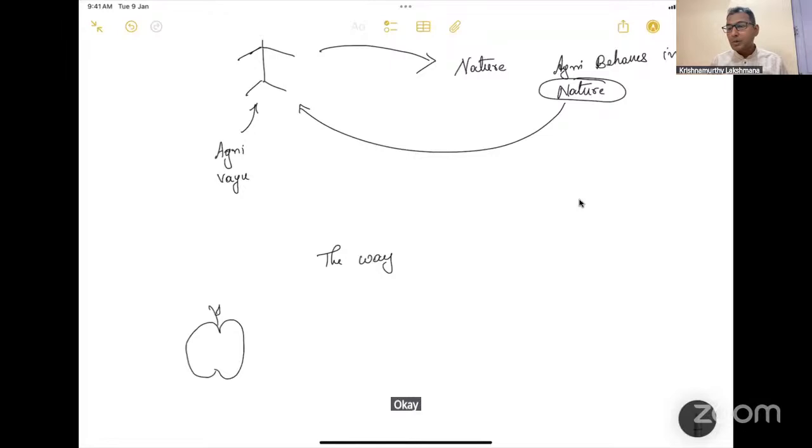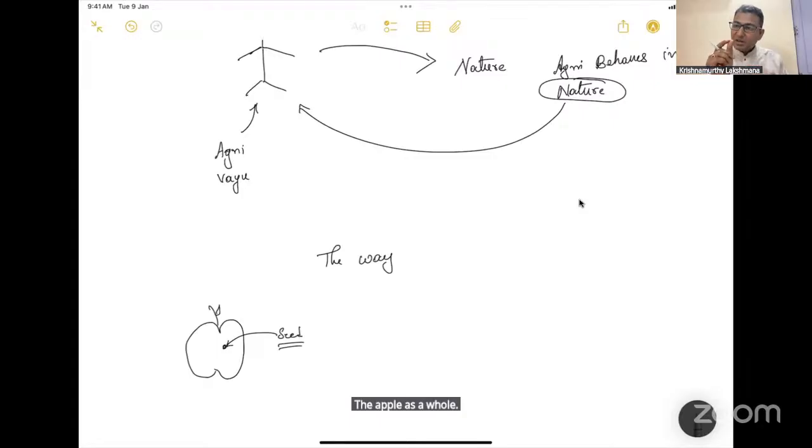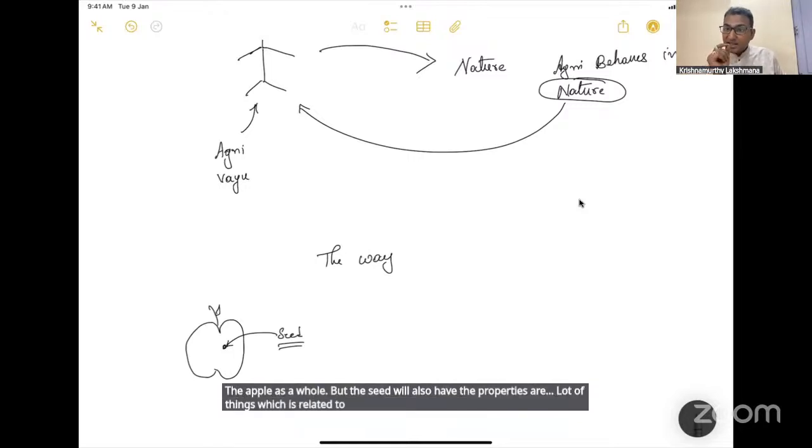And there is a seed inside the apple. Will the seed have the properties or the blueprint of the creation of the apple within itself? Yes. The apple is a whole, but the seed will also have a lot of things related to the apple inside itself.